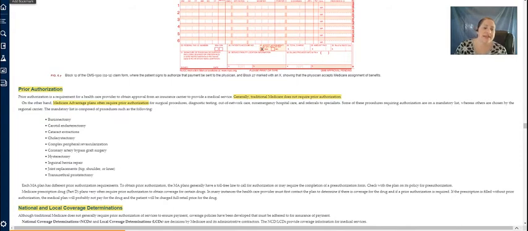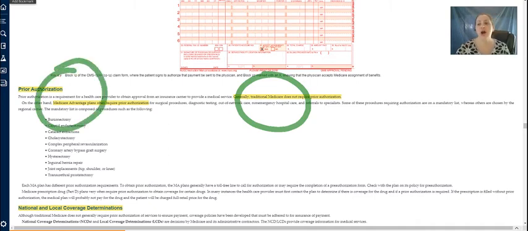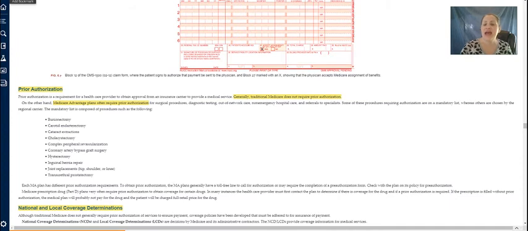Some services require pre-authorization. Traditional Medicare does not, but your Medicare Advantages oftentimes do. They're not going to require pre-certification for emergency surgeries. You're having a heart attack, get the services you need. Like, that's the way it works. However, anything that can be delayed, those are the things that they will ask for pre-certification.